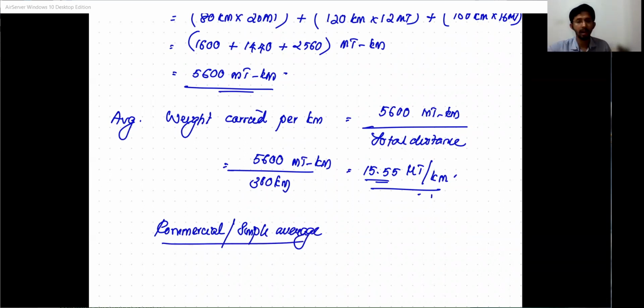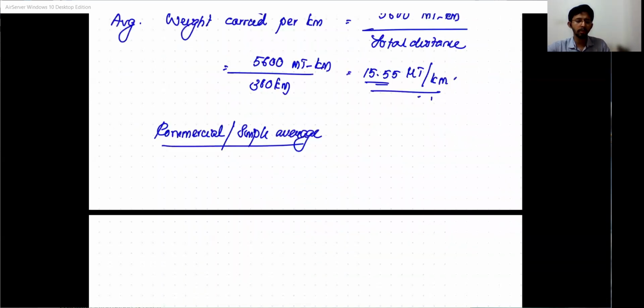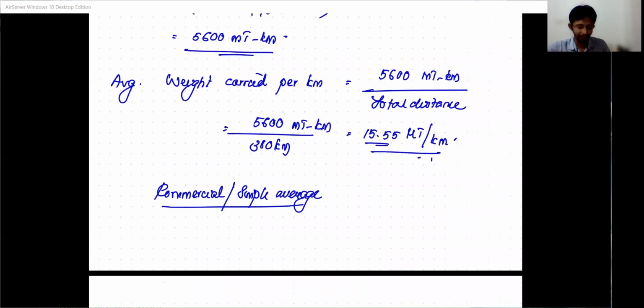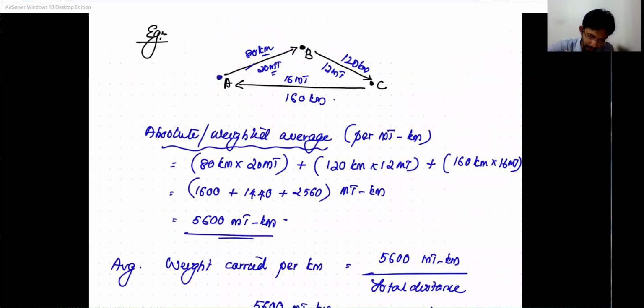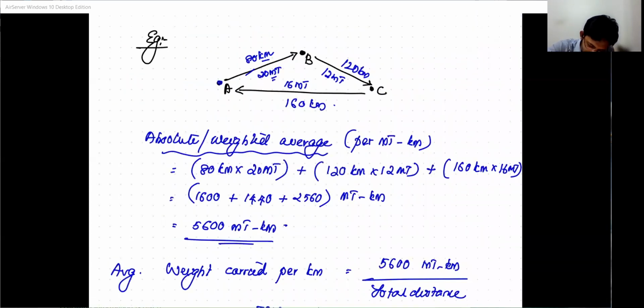In commercial or simple average, what you do is it's very simple. You don't use any weights. Here you have used the weights. What was the weight? The kilometer multiplied by the weight is the weighted average. So this kilometer act as the weight. Okay, this was the weight used, whereas this is the quantity.